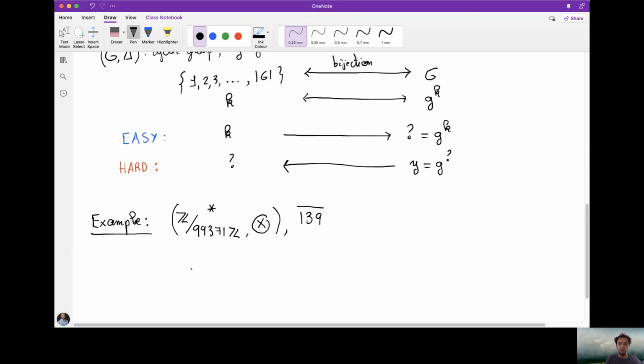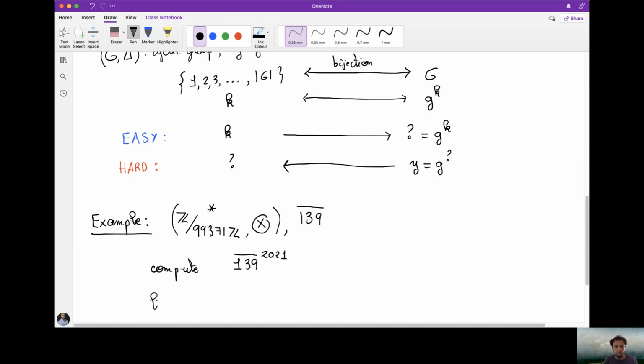So for example, I can ask the following. First question, in one direction: you give me a number, let's take the year we are in, 2021, and let's compute 139 to the power 2021. That's one question.